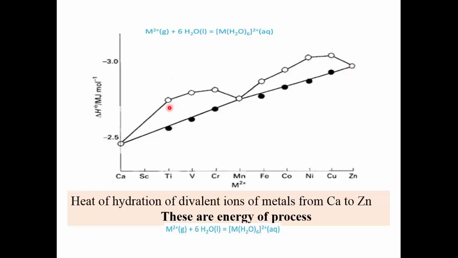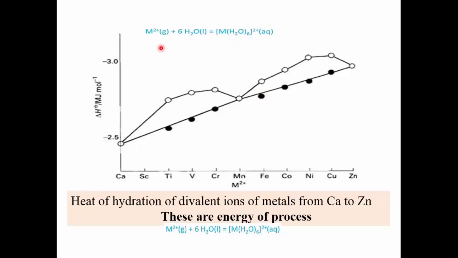And again we observe that for the systems d1, d2, d3, d4, d6, d7, d8, d9, there is an irregular trend in heat of hydration. Okay, and when we subtract CFSE from these points, what happened? These points fall on this straight line. In this way, the complexes become stable, and this gives the evidence for the CFSE value.